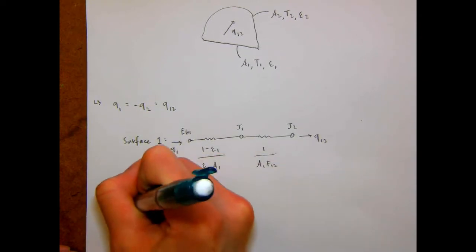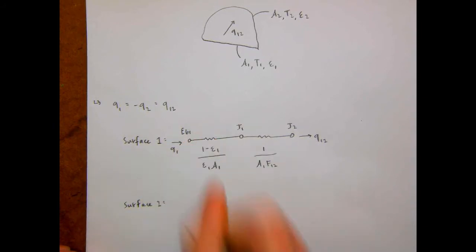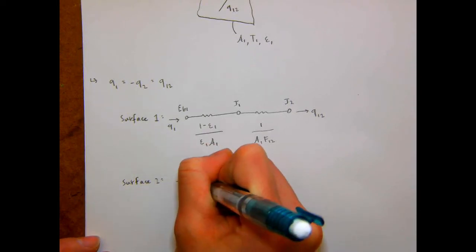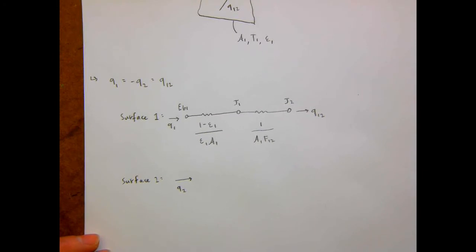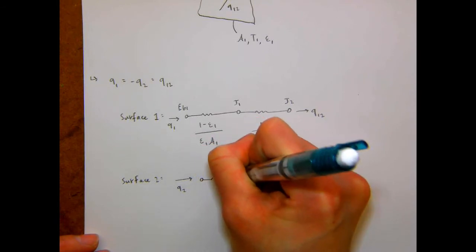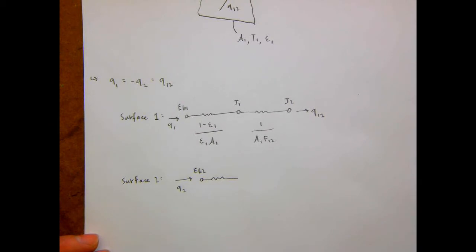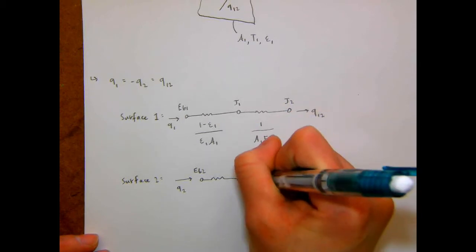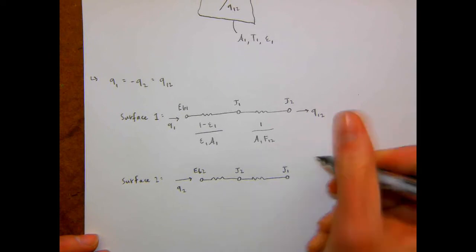And then if we consider now surface 2 is our surface of interest. So we're saying, okay, what's the net heat transfer from surface 2? Now the first node is EB2. And then J sub 2. J sub 1.